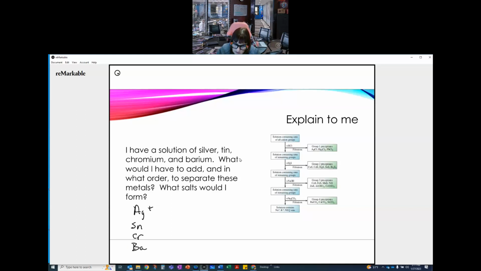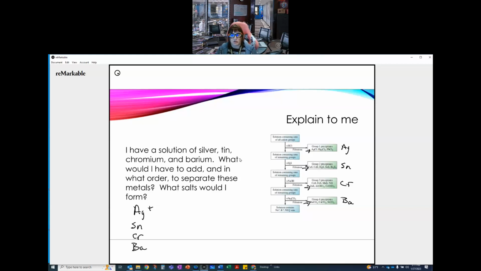So I'm going to look over here, and I'm going to see, okay, silver's right there. So here's where my silver is. I see Sn right here in this box. I see the chromium hydroxide here, so the Cr, and then that Ba is down here. Well, isn't that fancy?